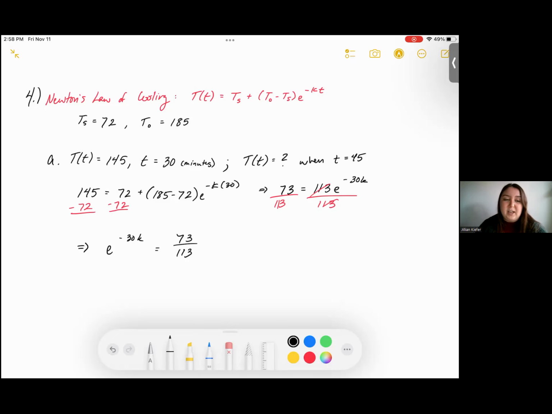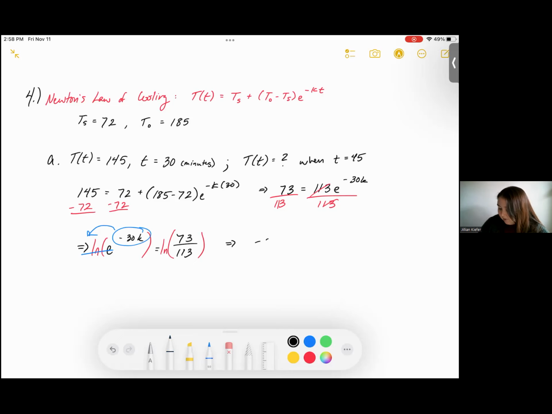But all right, so we have e on one side. We know that the only way to get rid of the e and bring that exponent down to the front is to take the natural log of both sides. So we're going to go ahead and take the natural log of both sides of our equation. The natural log and e cancel, and our exponent comes out to the front.